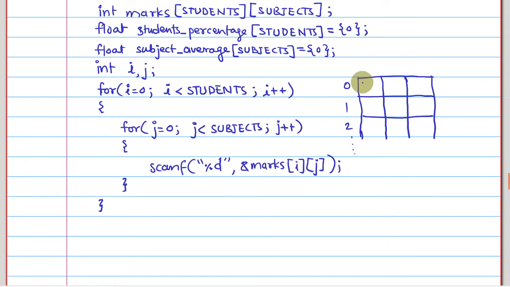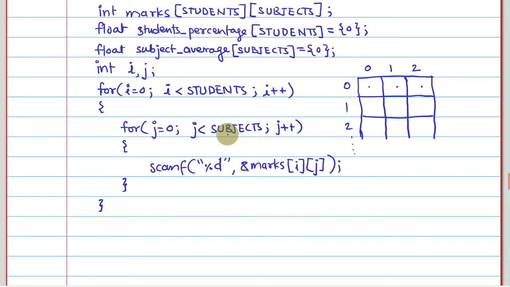So you will scan here first at row 0, column 0, marks of roll number 1 for subjects whose index we are considering 0, then 1, and then 2. So in one iteration of the outer loop, there will be 3 iterations of the inner loop, and you will end up scanning this.